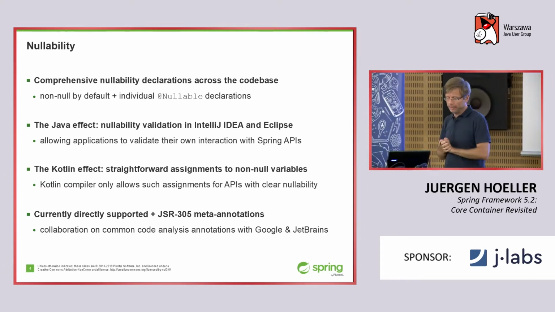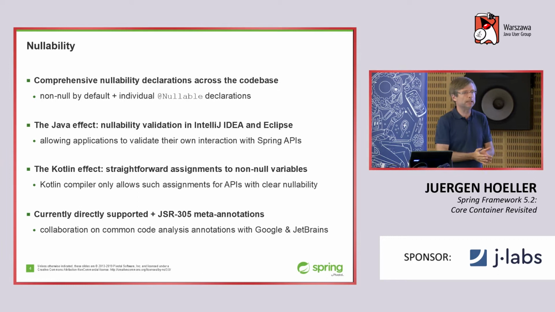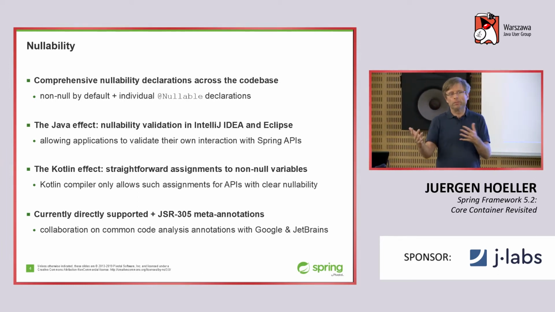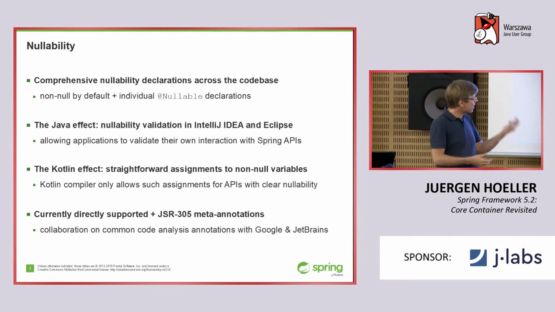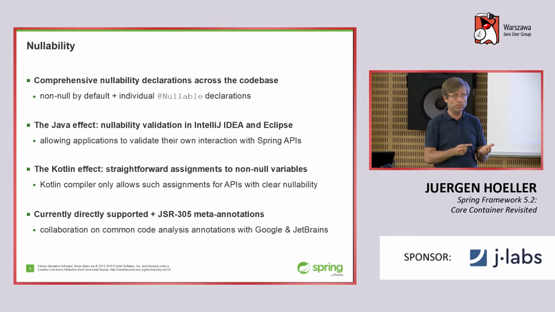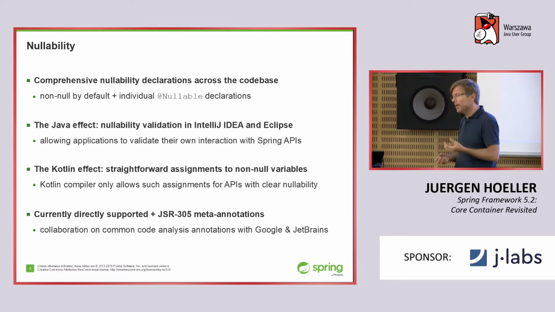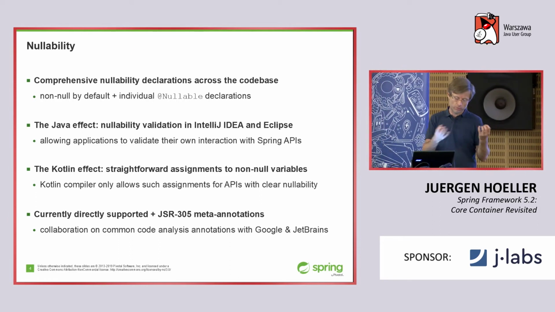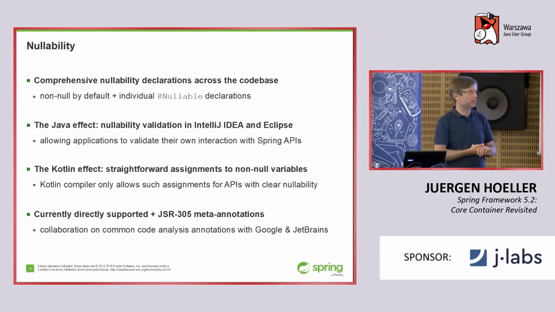It's about nullability. It's about being explicit about nullable or non-nullable arguments. So it's about constructor arguments, method return values, most importantly. We explicitly declare whether any such argument or return value is actually nullable.